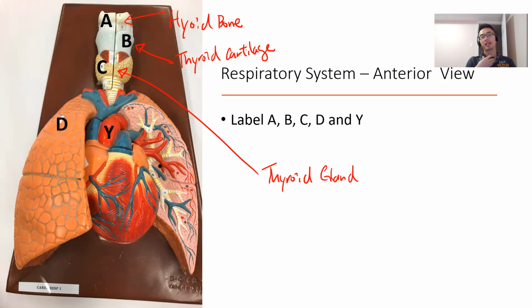It could get big if you have autoimmune diseases like Graves' disease. The thyroid gland makes hormones that control your metabolism. D is just the lung, very non-extraordinary. And Y here is the aorta again.